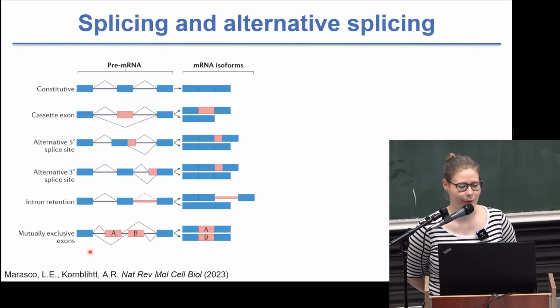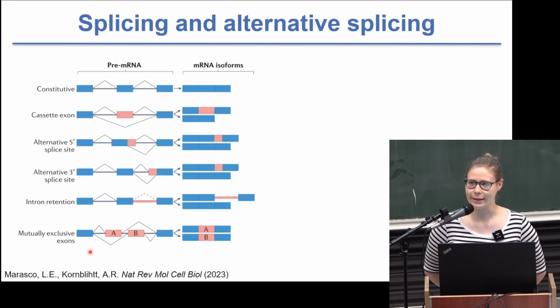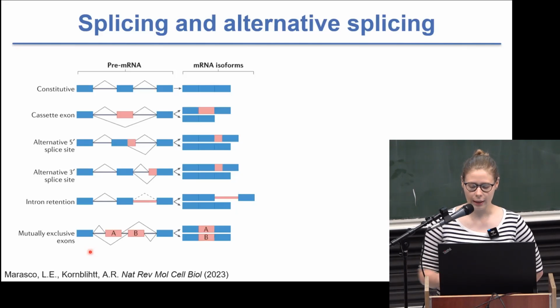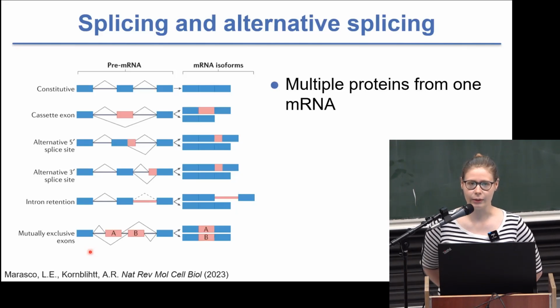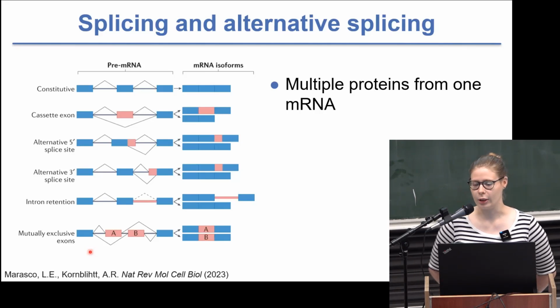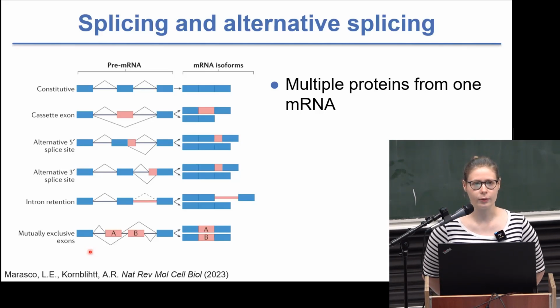Splicing is a thing for eukaryotes. In general, pre-mRNA is processed by splicing out introns and only keeping exons. However, things can alternatively be spliced, which is a way, as I mentioned already, to make multiple proteins from 1 mRNA.